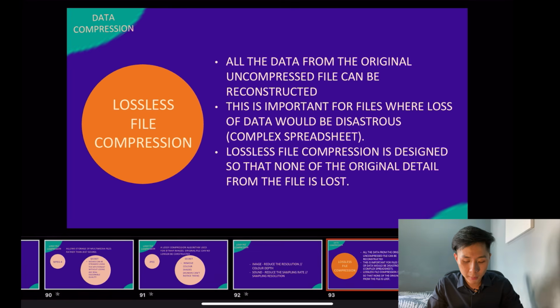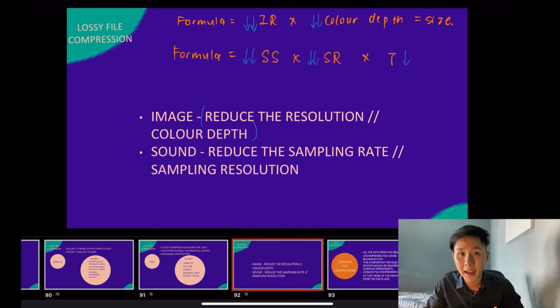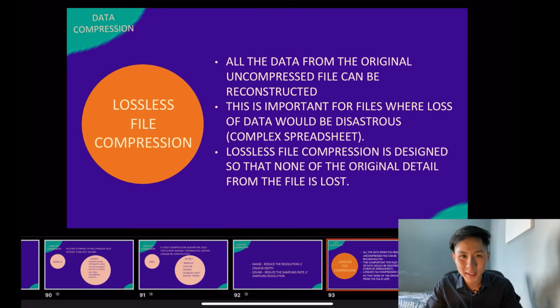Having talked about lossy file compression, the way that I remember this type of file compression is that instead of lossy, I call it lousy, because once the file is compressed, it cannot be reconstructed. It is very lousy. But here's another data compression method which is better than lossy compression, which is called lossless file compression.